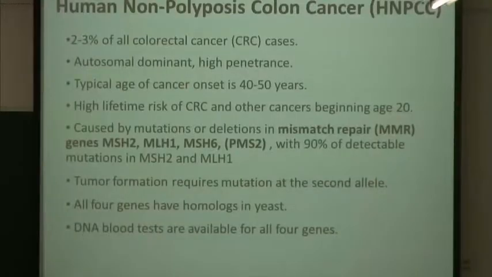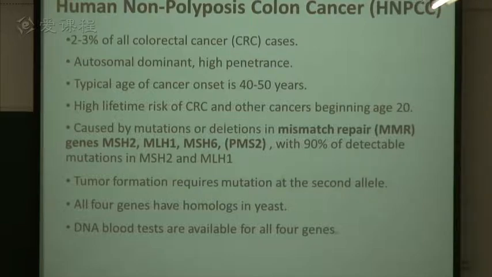Another example of a DNA repair gene is involved in hereditary non-polyposis colon cancer. This is a rare type of colorectal cancer, about 2 to 3%, and it's also autosomal dominant with high penetrance.